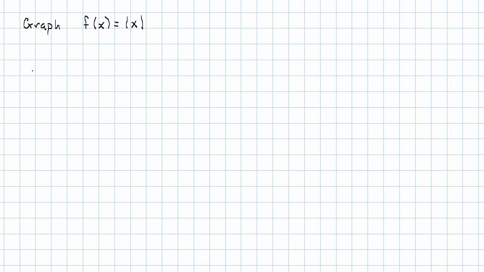Well, what we're doing is we're graphing f of x equals x if x is greater than or equal to 0, the opposite of x if x is less than 0. This is a piecewise linear function. We'll set up some axes, and I'm just going to set up axes with the origin in the middle because we don't know what our graph is going to look like yet.